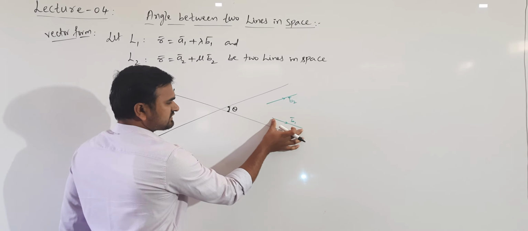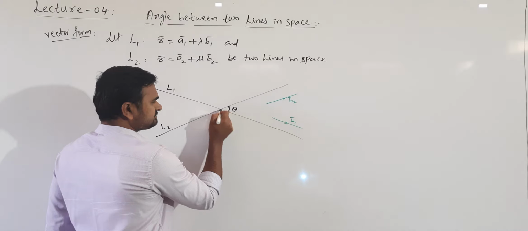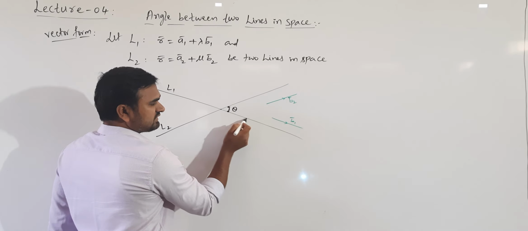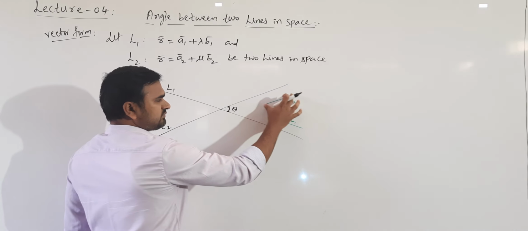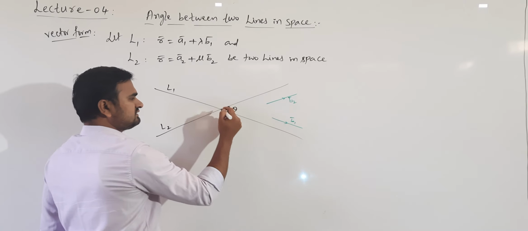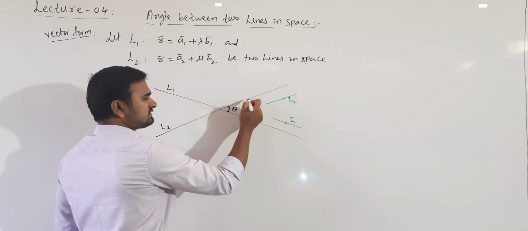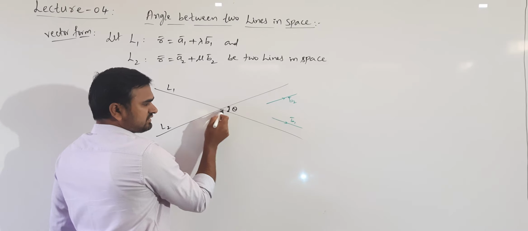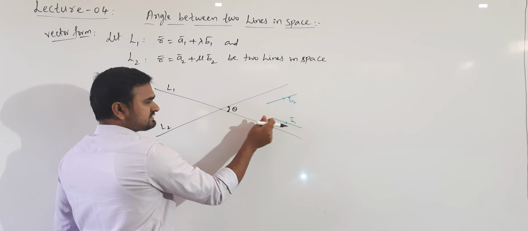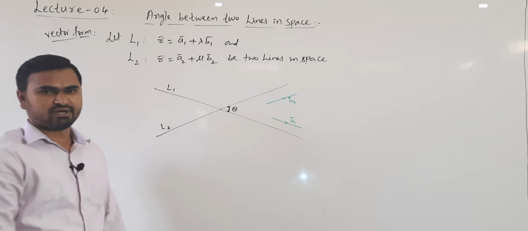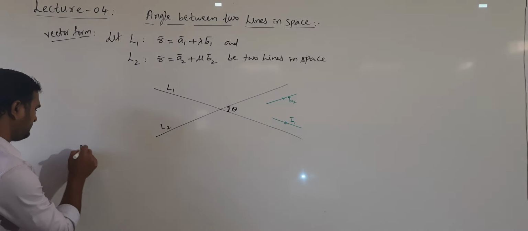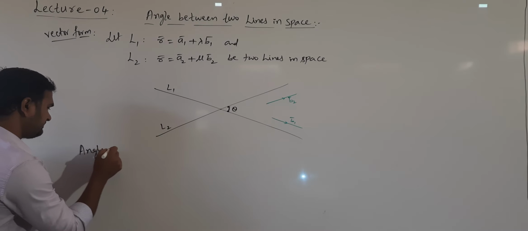If I move b1 bar up to this point, this will be the direction of b1 bar, and if I move b2 bar up to this point, this will be the direction of b2 bar. So clearly the angle between the two lines will be the same as the angle between these parallel vectors. This is the important point.